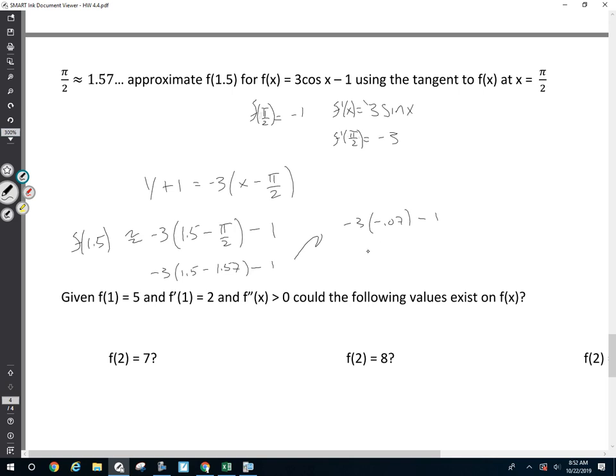So that'll be positive 0.21 minus 1, which is -0.79.